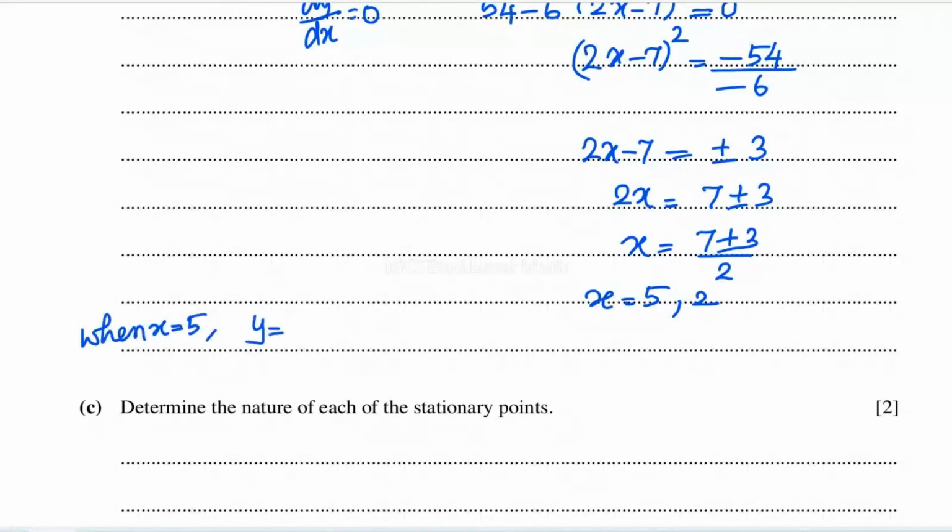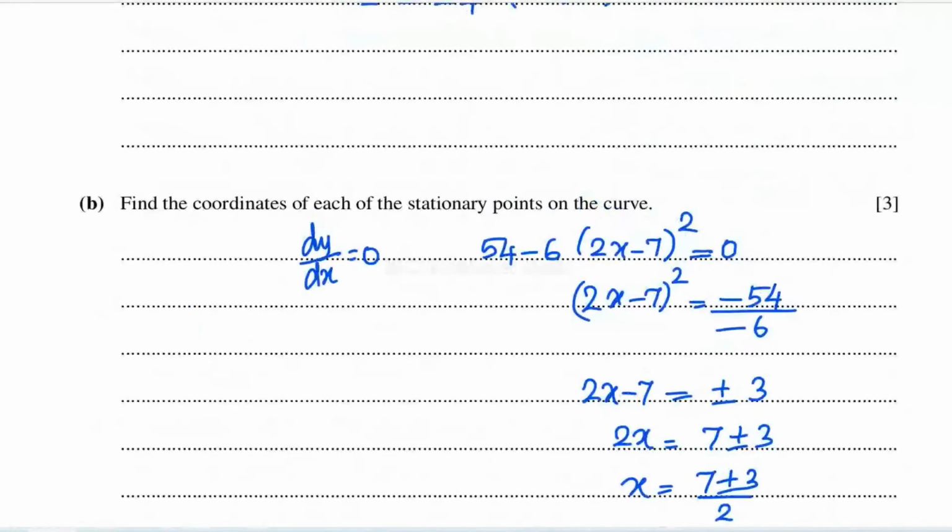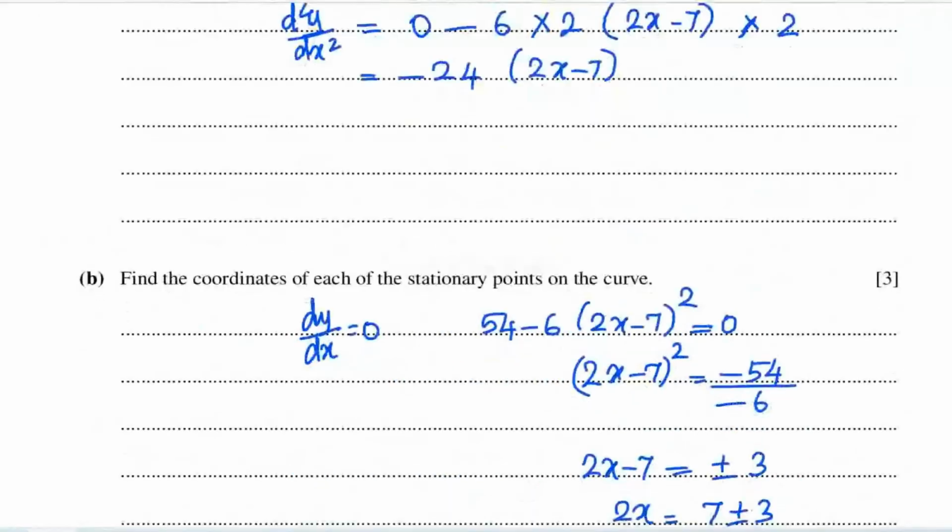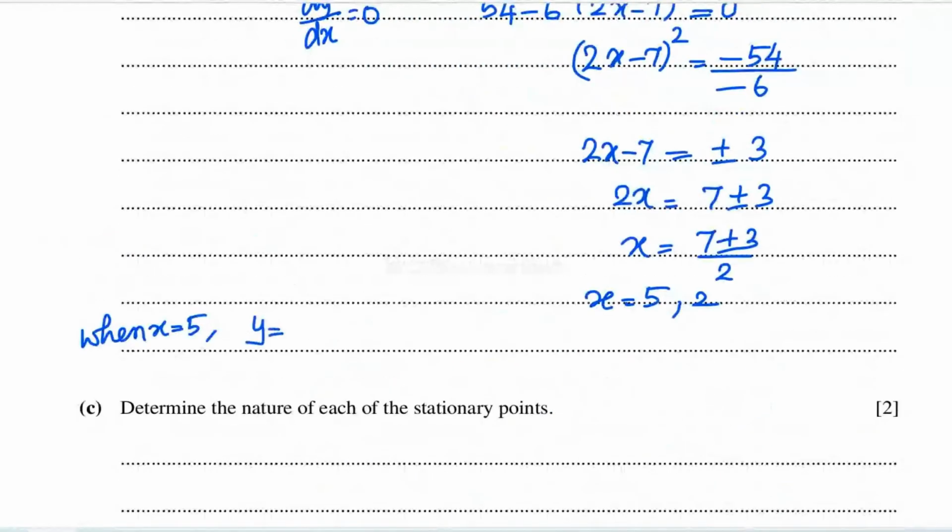So what is y? 54x minus 2 multiplied by 5 minus 7 the whole cube. This is equal to 243.